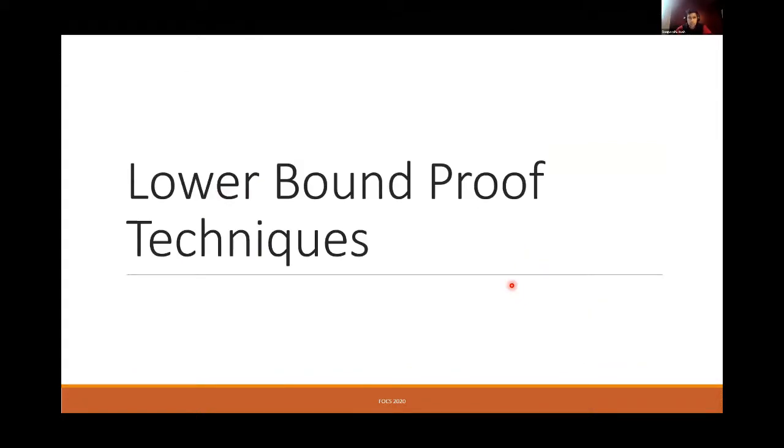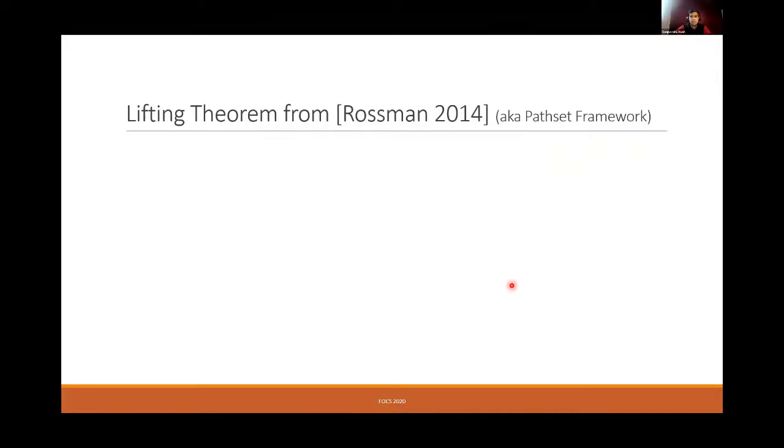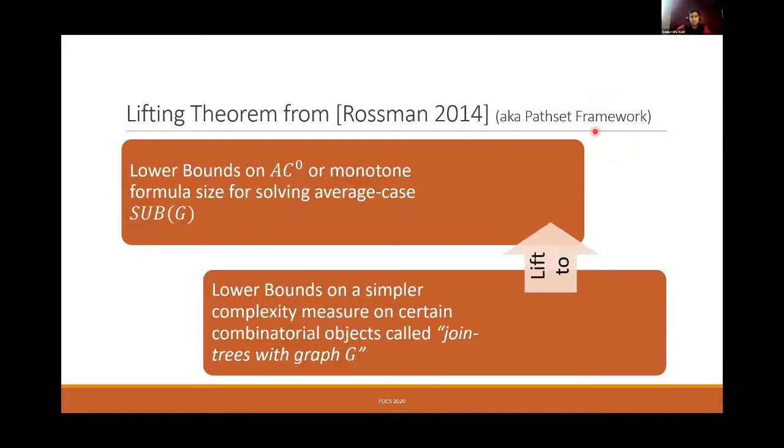Let me talk about lower bound proof techniques. The main technique is this lifting theorem from a result of Rossmann, which is also known as the path set framework. Here's the main idea.